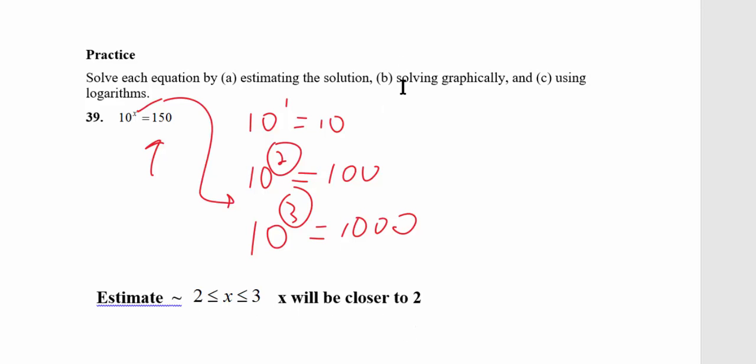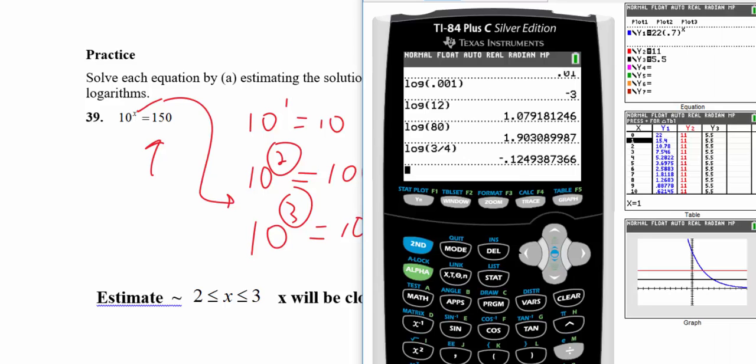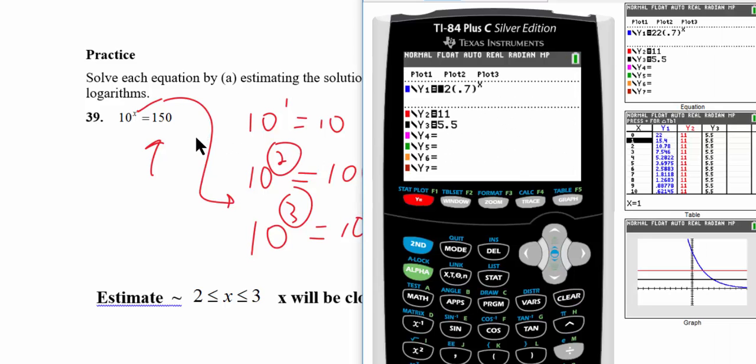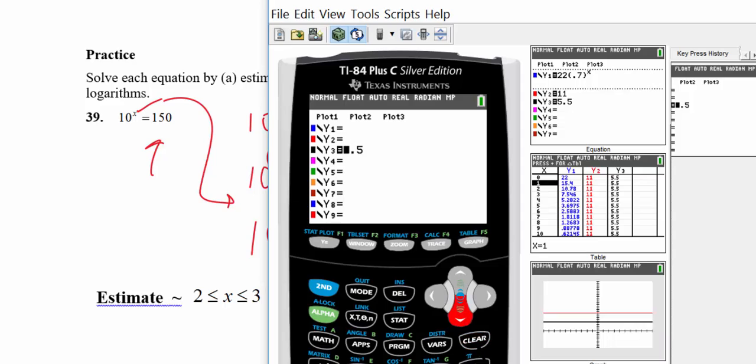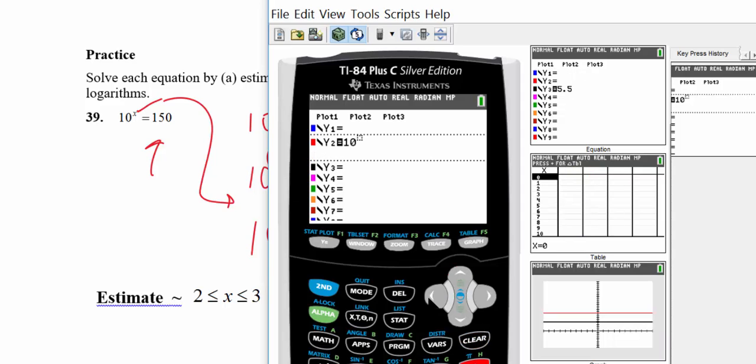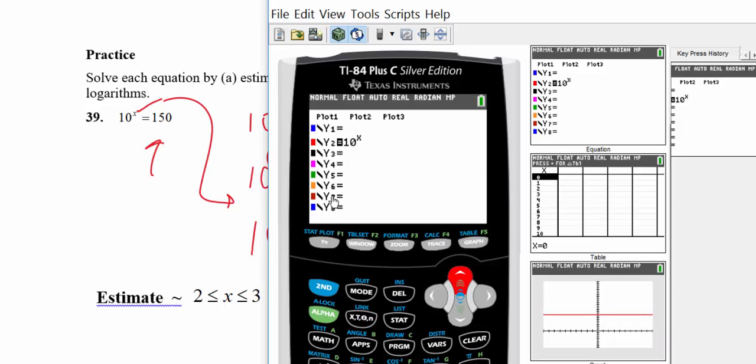Now we're going to solve graphically. All right, so if we take out our graphing calculator, if we graph both sides of this equation, the right side of the equation is 10 raised to the x, and I put that in y2. It doesn't matter if I put it in y1 or y2. And then I'll graph y1 is 150.